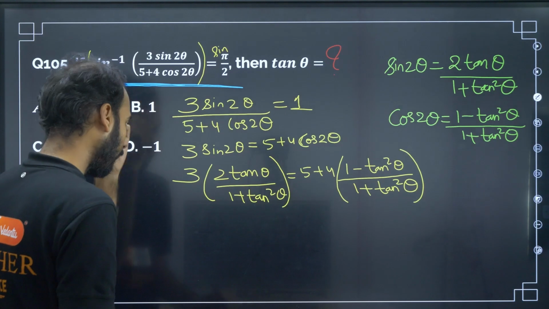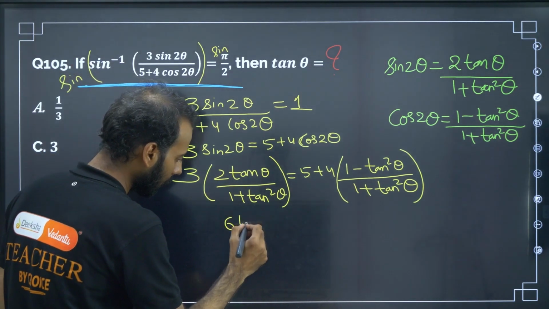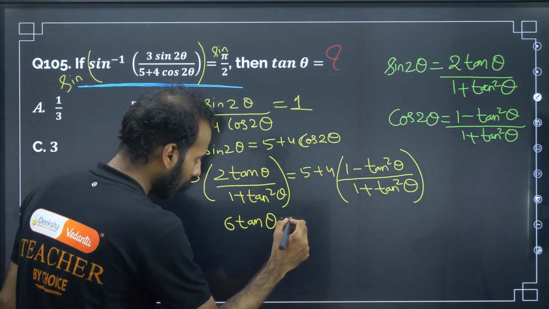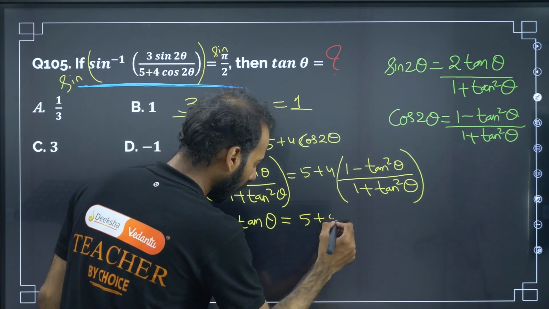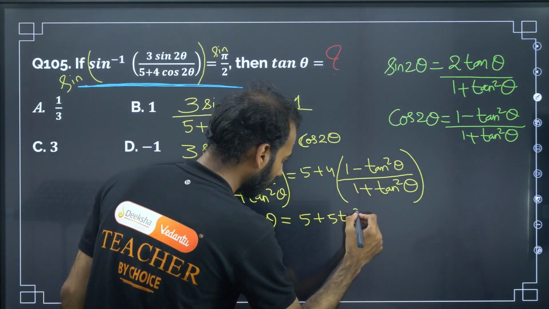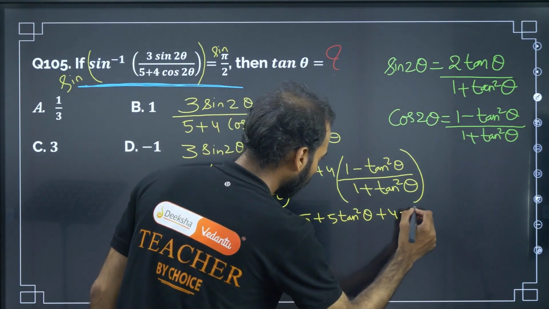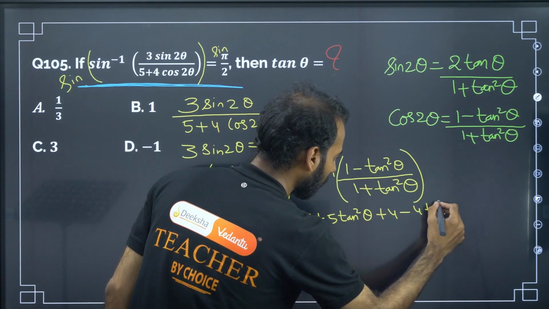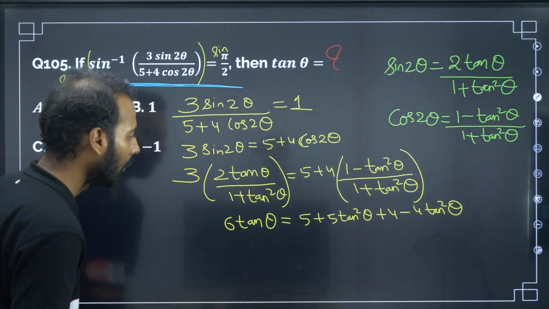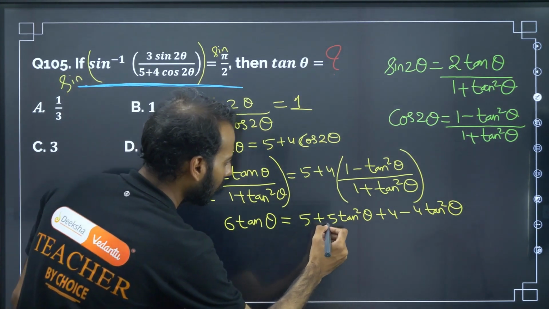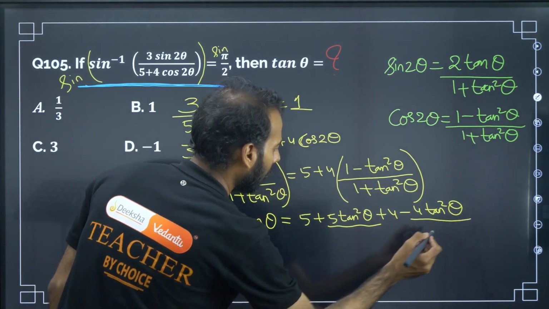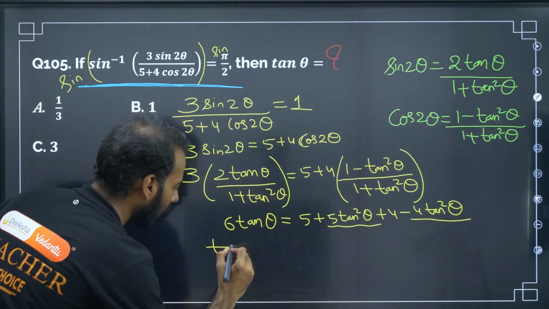Now, if you simplify this, 3 into 2 tan theta, 6 tan theta, is equal to 5 plus 5 tan square theta, just LCM, plus 4 minus 4 tan square theta.